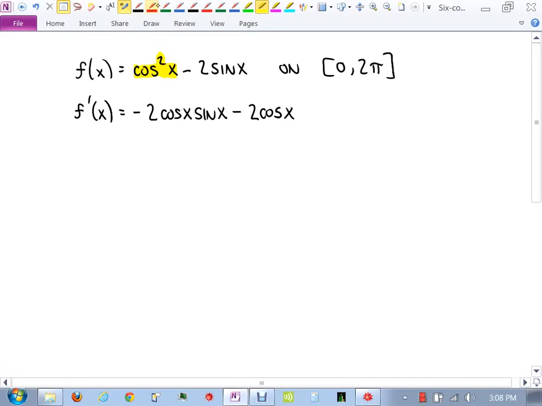What's the derivative of something squared? 2 times that something times the derivative of something, which was negative sine x. Right? So the derivative of the yellow is the red, and then I just move the negative out front. And then the derivative of negative 2 sine x is negative 2 cosine x. So any questions on that?